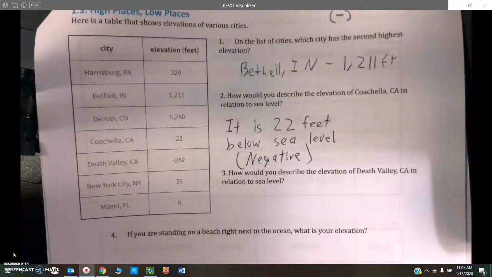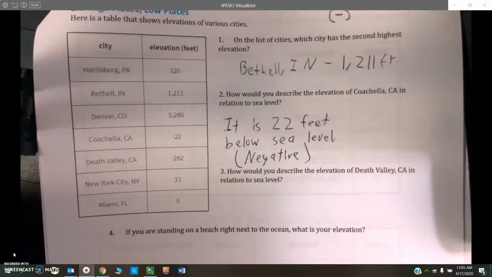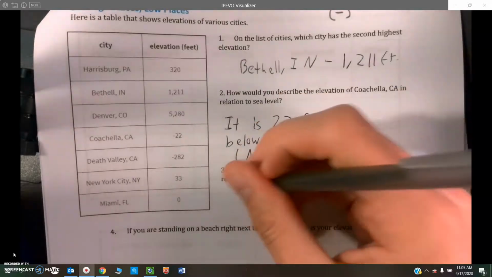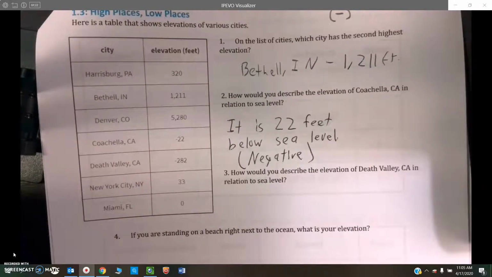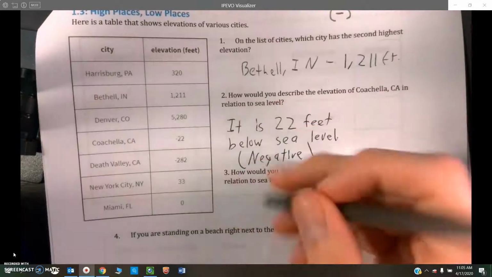Okay. How would you describe the elevation of Death Valley, California in relation to sea level? So we look at Death Valley, and that's -282. So once again, a negative number means it's even lower than the oceans themselves are.